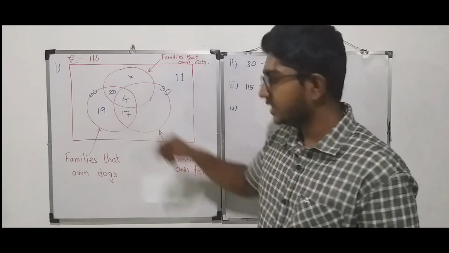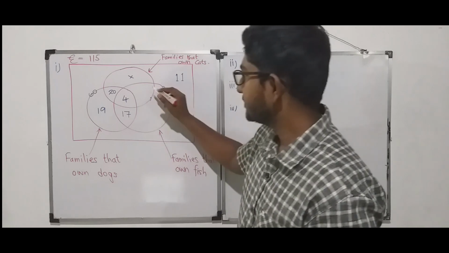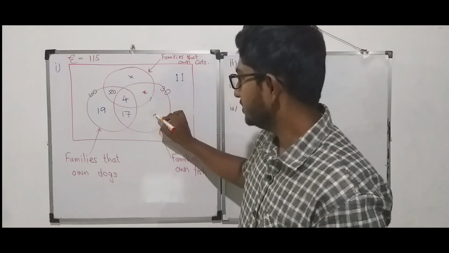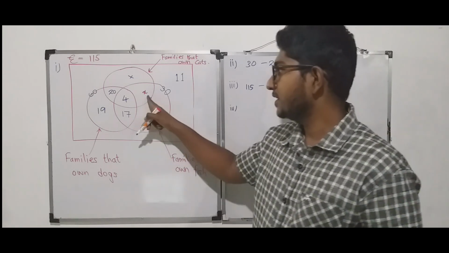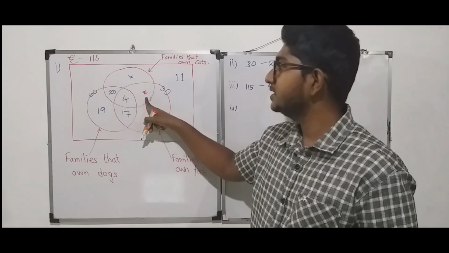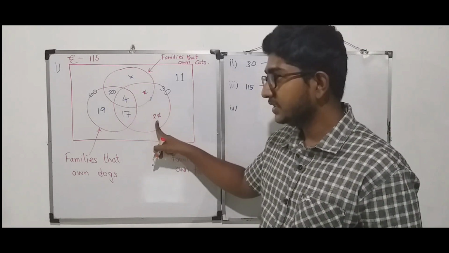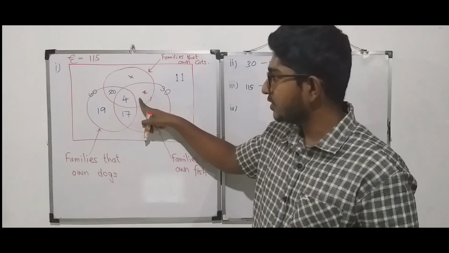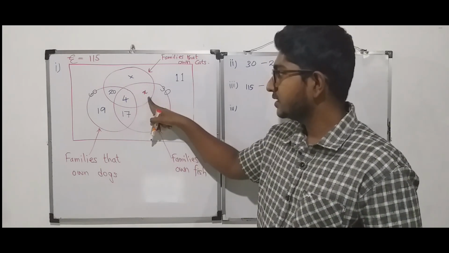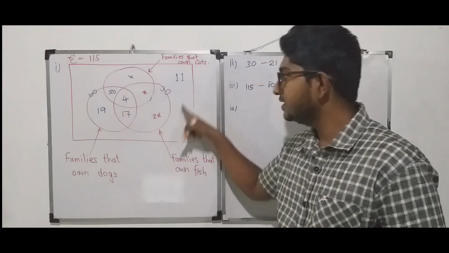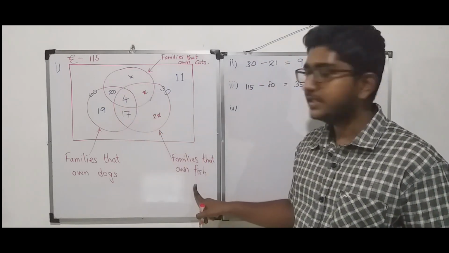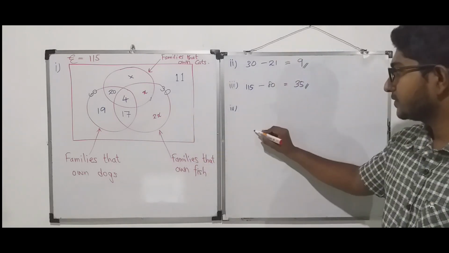So if I put x here, this must be 2x, because the number of families in this region is twice the number of families here. We know the sum of the families included in this entire set is 30.